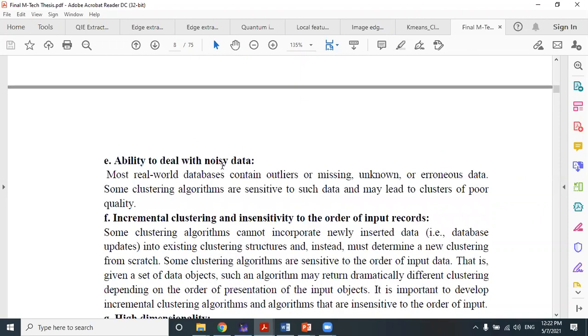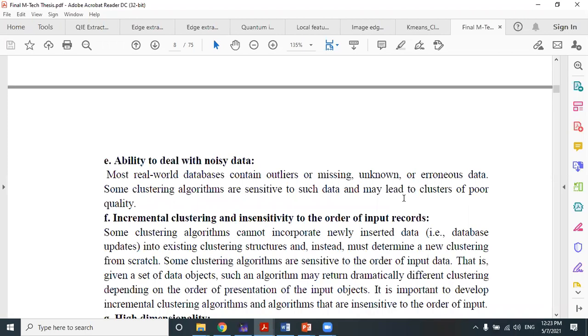Now the fifth requirement, ability to deal with noisy data, is very important. Clustering analysis should be able to deal with outliers or noisy data or missing data or erroneous data. Some clustering algorithms are very much sensitive to such kind of noisy data or outliers. The data which is not part of any cluster is called outliers or noisy data.